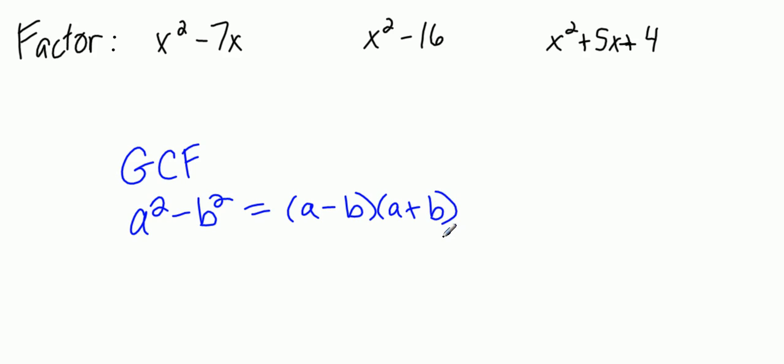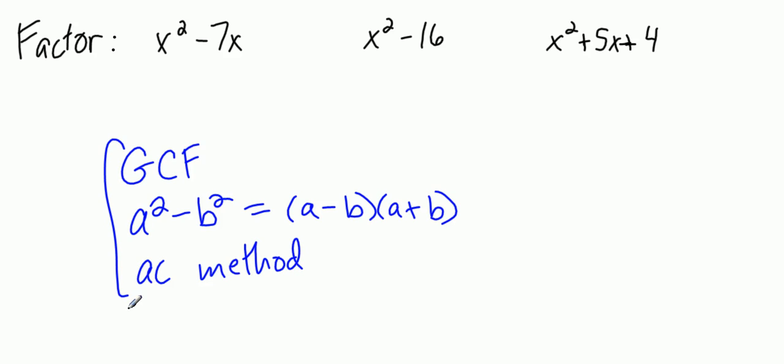And the AC method, which is the third method. Now, there are other factoring techniques. There's factoring by grouping if you have a polynomial with 4 terms. But for this video, we're going to focus on these three. These are the three most common factoring techniques. This is really the order you should think about doing them.